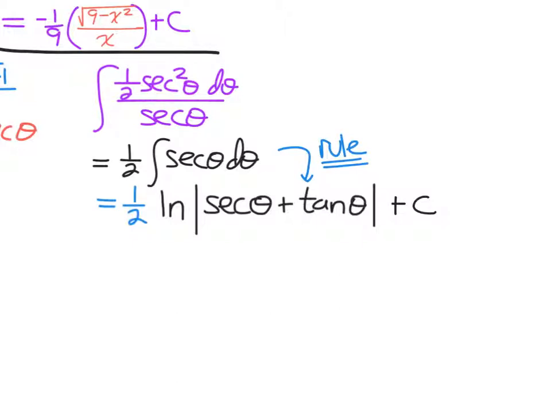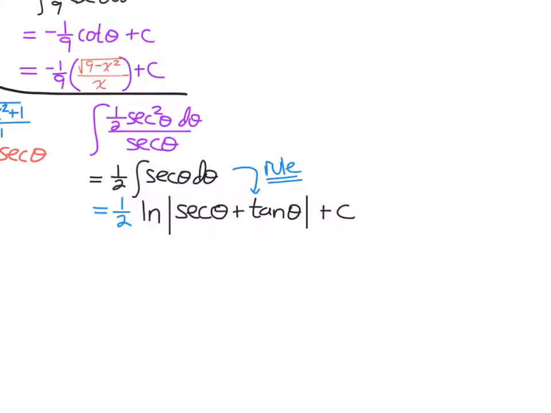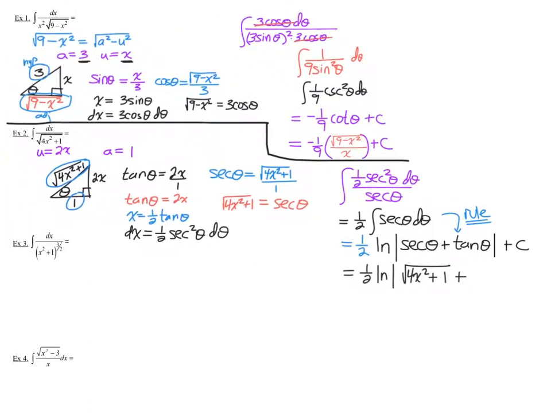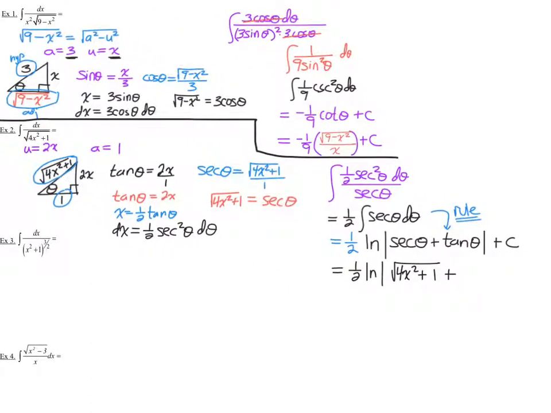Oh, boy. 1/2 ln the square root of 4x squared plus 1. I believe that was the ratio. And then for the tangent, it's opposite over adjacent.